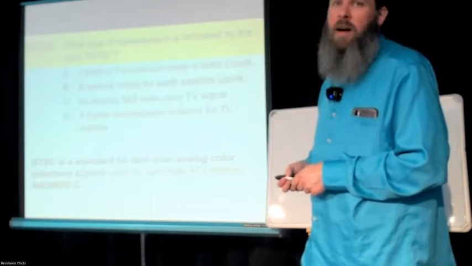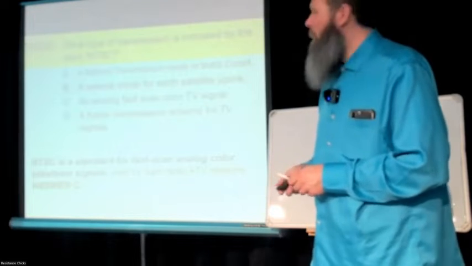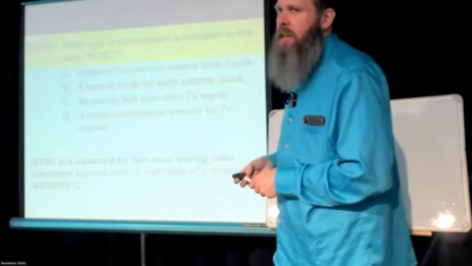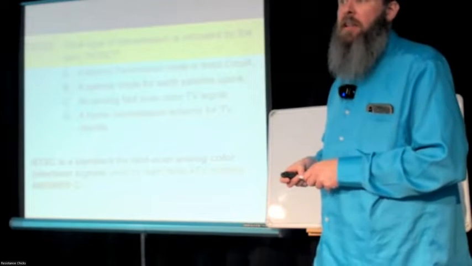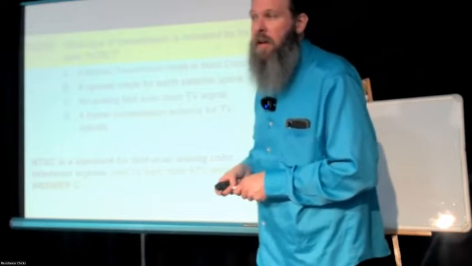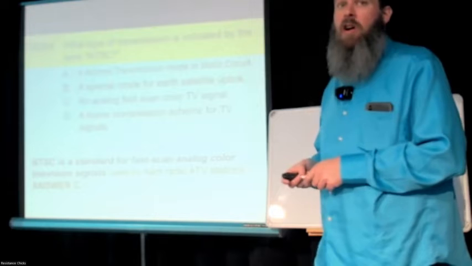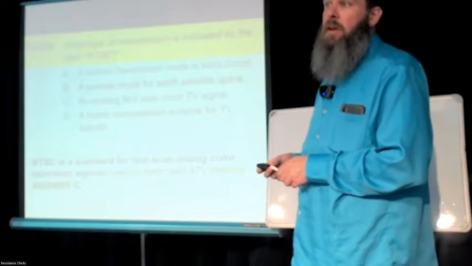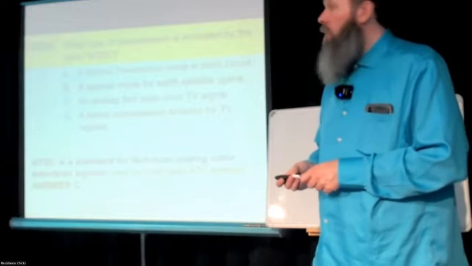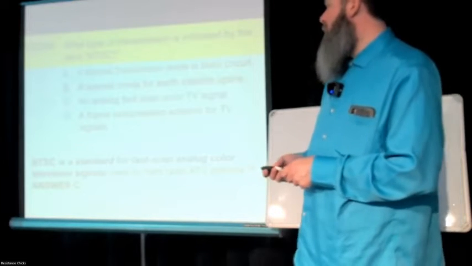I do know NTSC is used in North America and PAL is used in Europe. And now they're pretty much not used at all because analog TV is gone, except amateur radio still utilizes that. Okay, National Television System Committee.